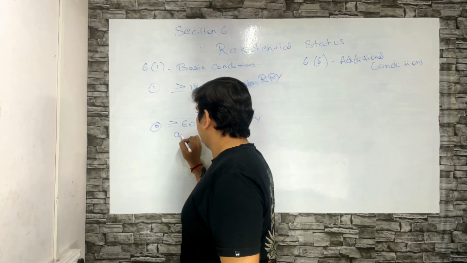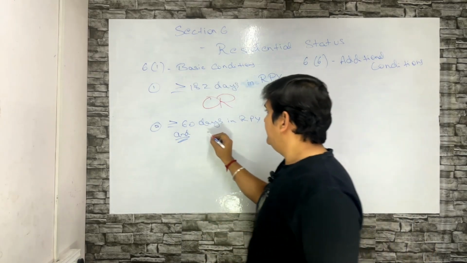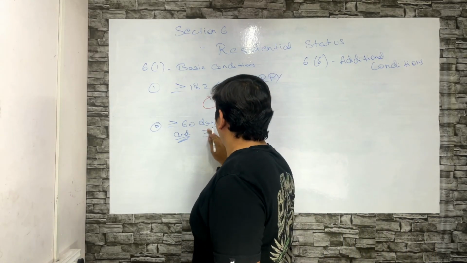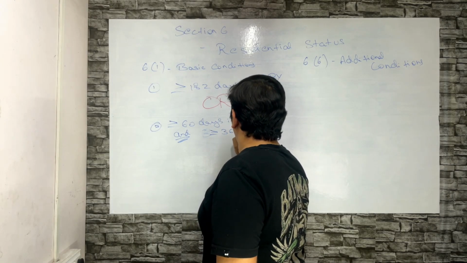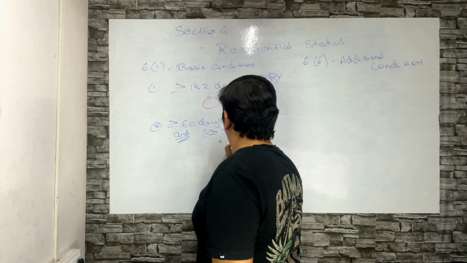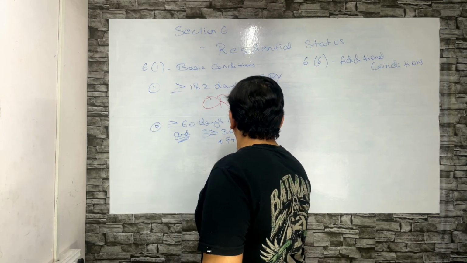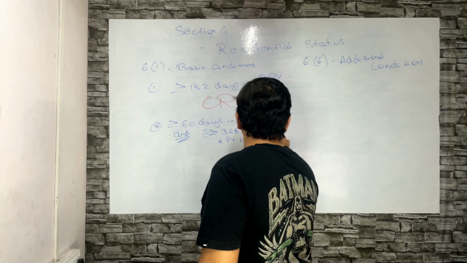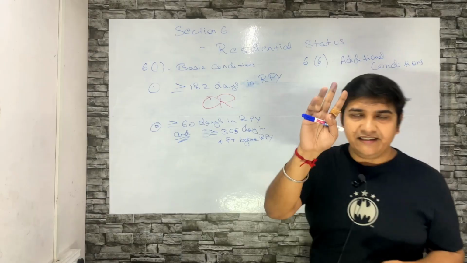And remember here it is and: more than or equal to 365 days in the 4 previous years before the relevant previous year.